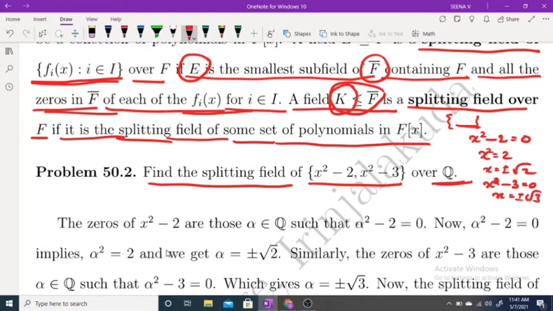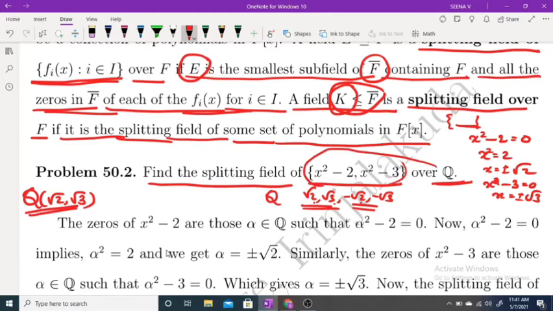So the roots are root 2, root 3, minus root 2, minus root 3. And the smallest field containing Q and root 2, root 3, minus root 2, minus root 3 is Q(root 2, root 3). Therefore, Q(root 2, root 3) is the splitting field of this set of polynomials.